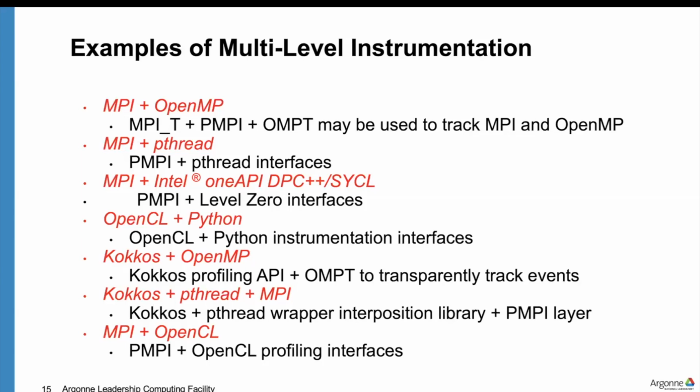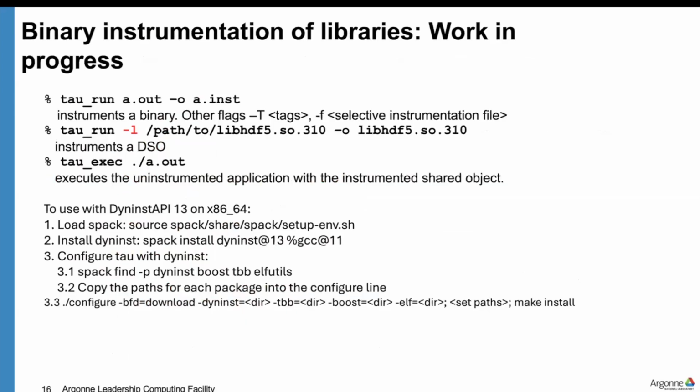Now you can also mix and match these configurations. When you configure TAU with, say, just MPI with pthread, or Intel oneAPI, or say Kokkos with OpenMP or MPI with OpenCL, you can pick the corresponding TAU configuration with the tau_exec tool.